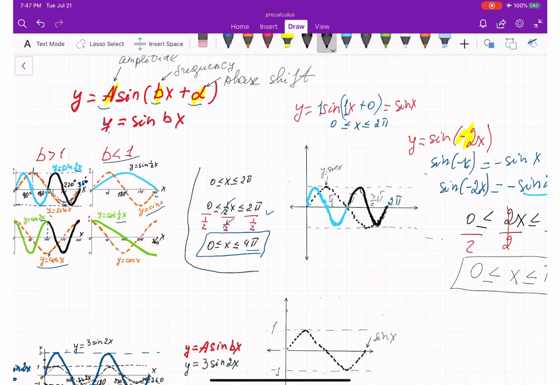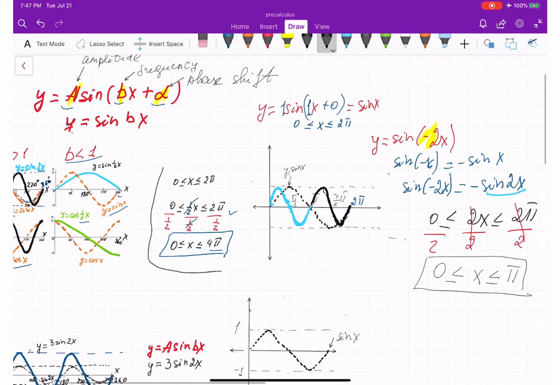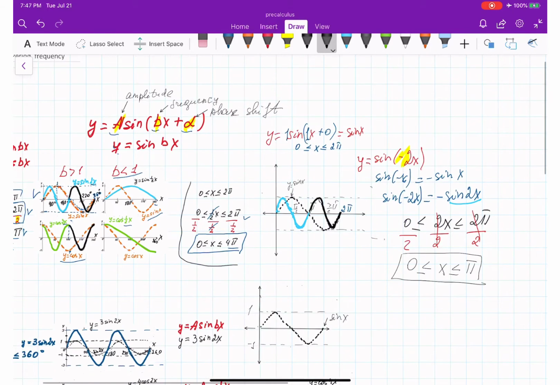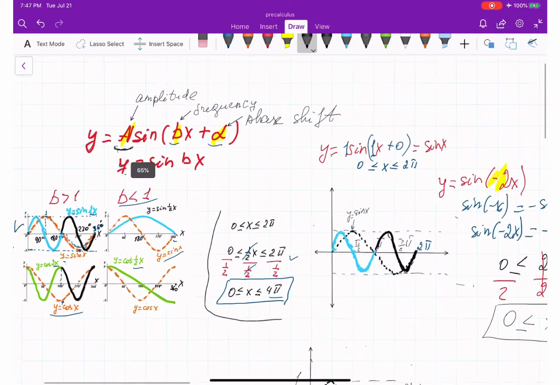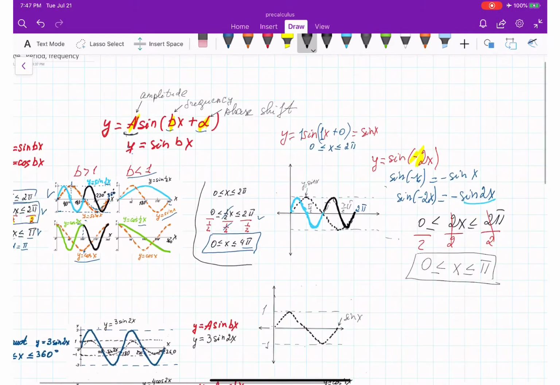So this is my second wave. But we have negative sine 2x. And negative, we are getting close to our amplitude. Remember the coefficient that stands in front of sine? It's right here with this red color. It's our amplitude, which is in this case, my amplitude is going to be negative.